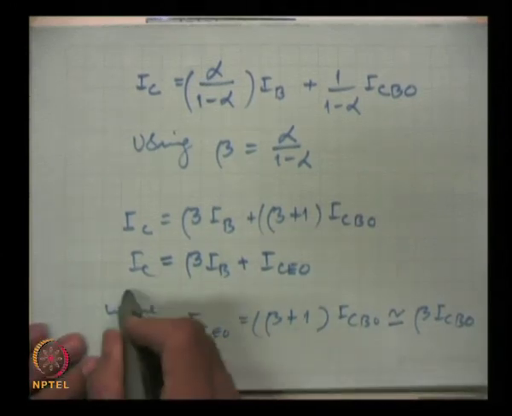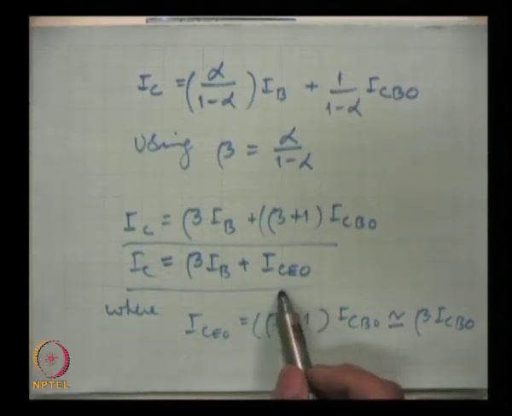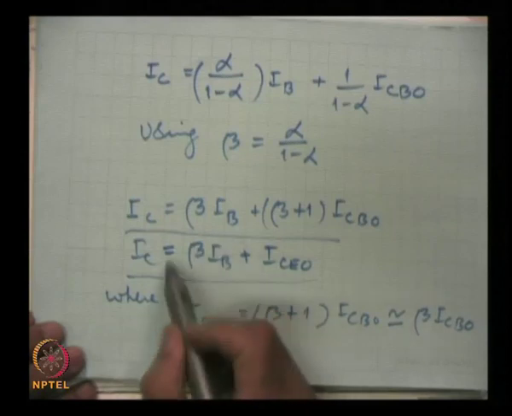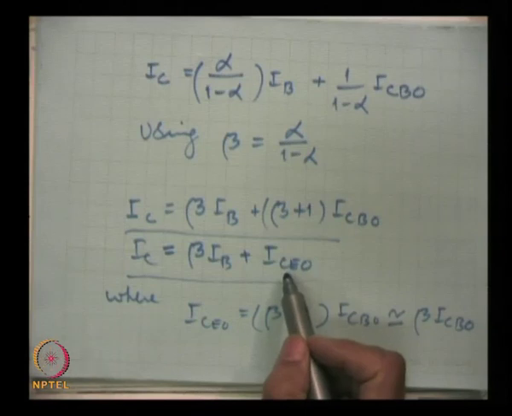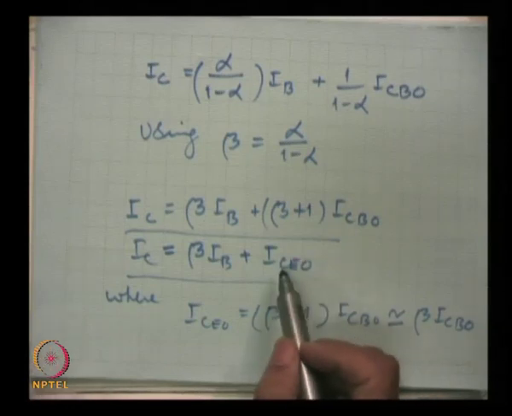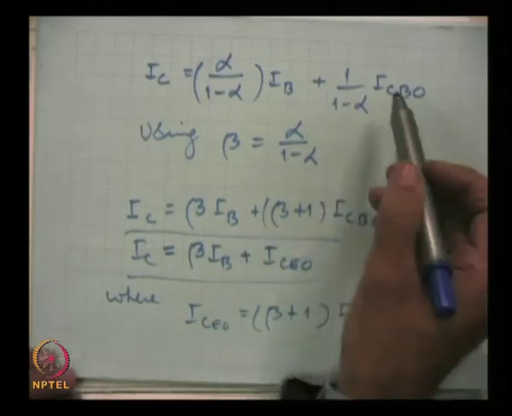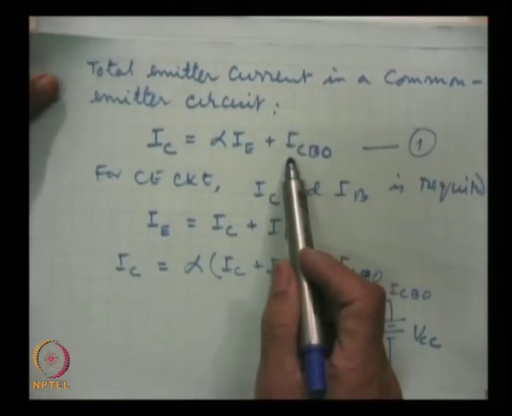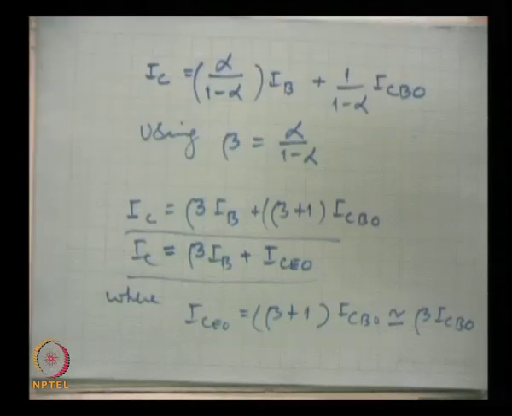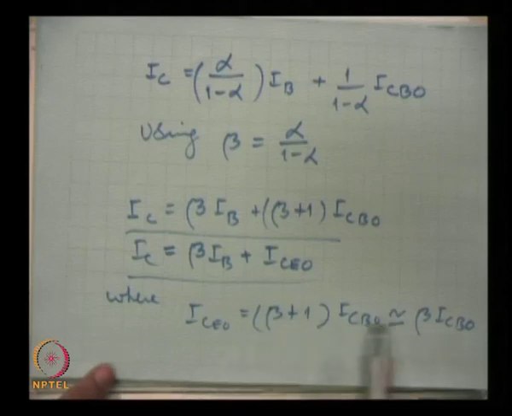This is something significant that we have talked earlier, that the useful current is only this part. This part is a parasite, does not play an important role, but now in the common emitter circuit this becomes much higher. In the common base circuit it was simply ICBO, but in the common emitter circuit, which is under discussion at the moment, this is amplified by beta times.